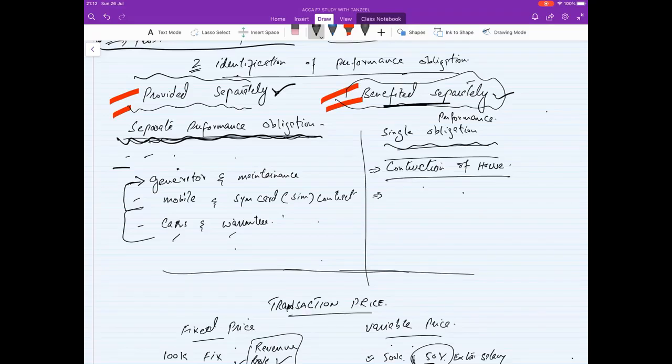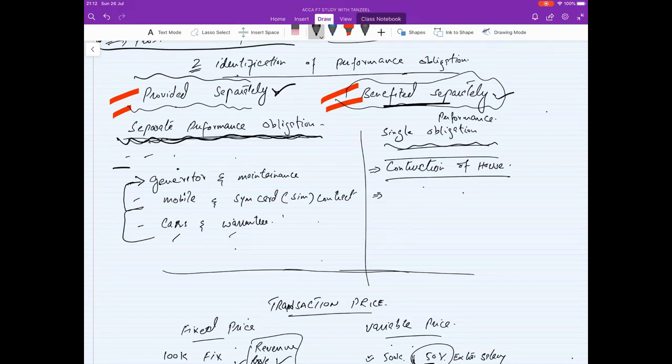So you have to get the benefit separately. If you buy a generator from me, the generator alone gives you benefit. So you can get the benefit either from outside or from me. You get my point? It means provided separately and benefited separately.